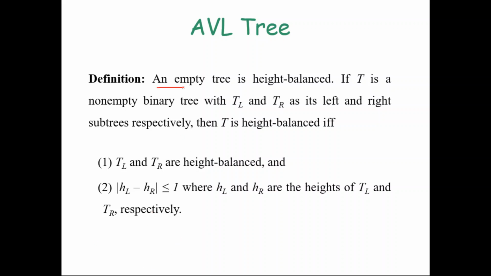By default, an empty tree is height balanced. Empty tree means the tree does not have any node. It is a height balanced tree because there is no node at all.